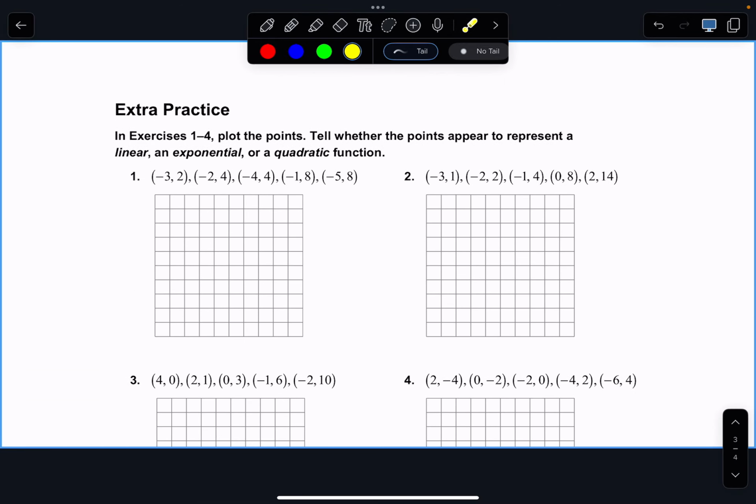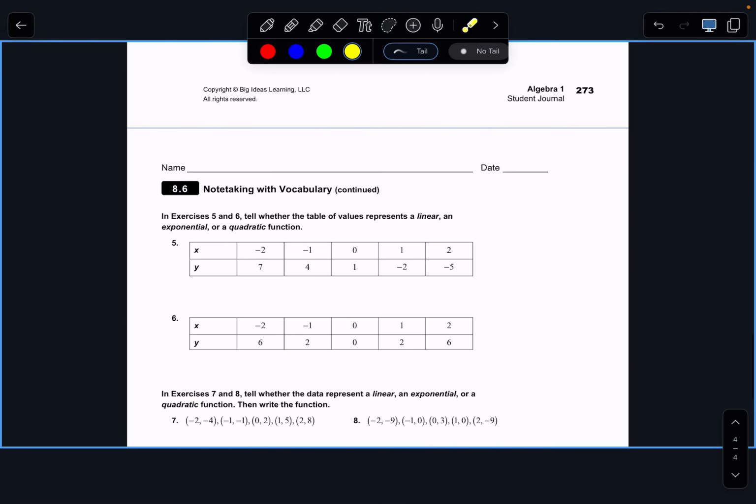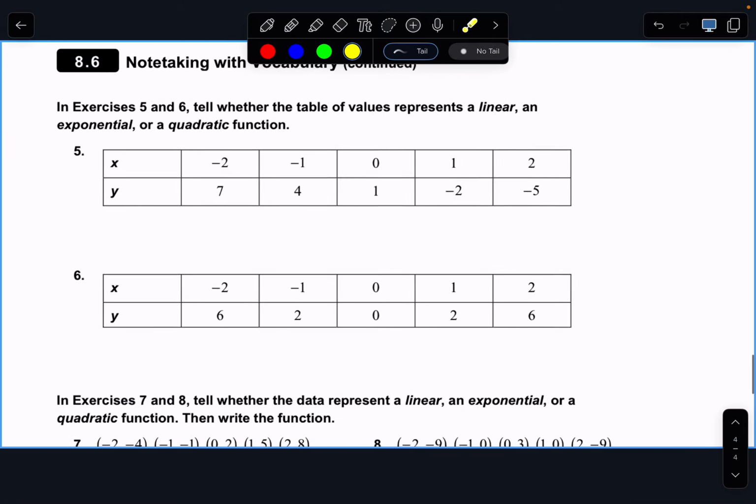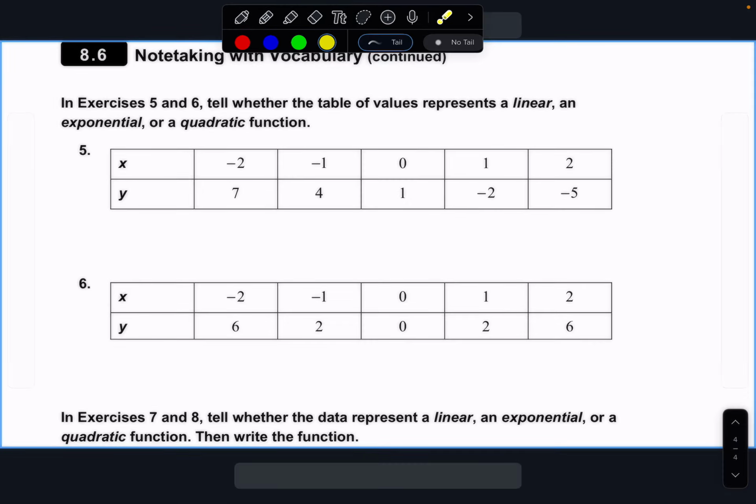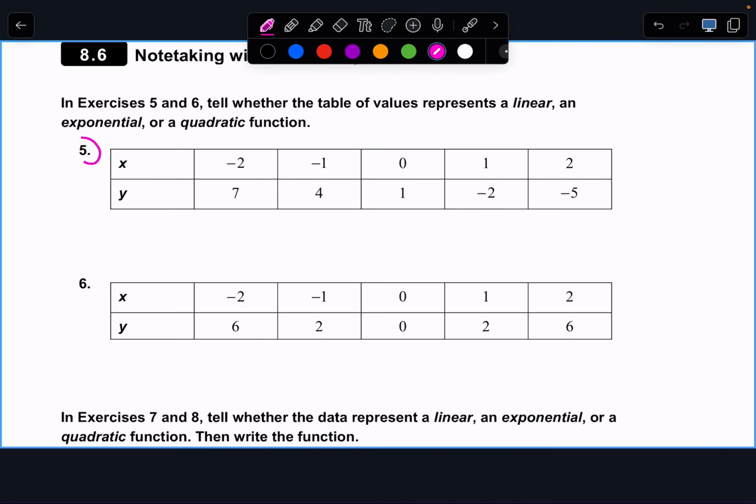Okay. So we are going to skip all the way to 2 pages, and I want you to look at, with your table, number 5 and number 6.